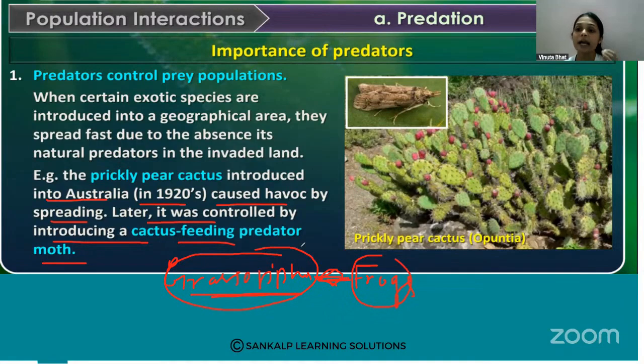So it may cause environmental imbalance. If the grasshopper population increases, environmental imbalance happens. So it also affects the grass population also.